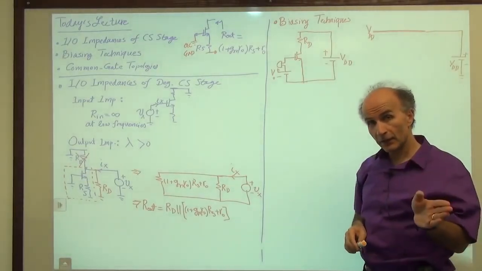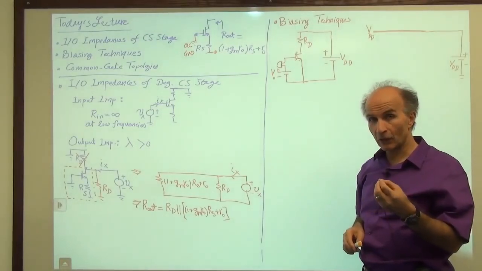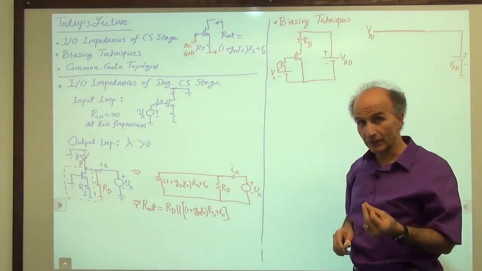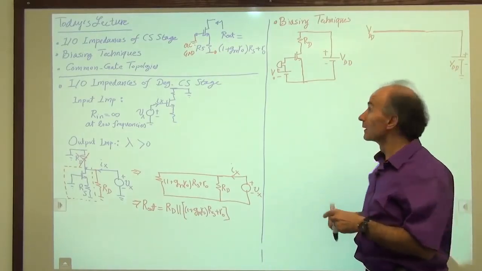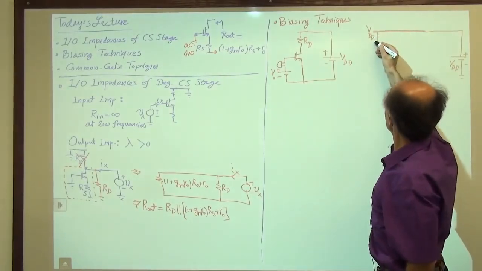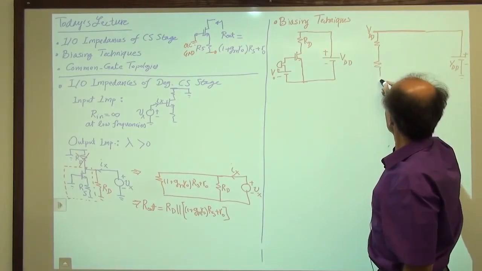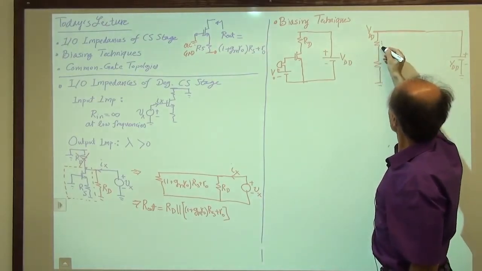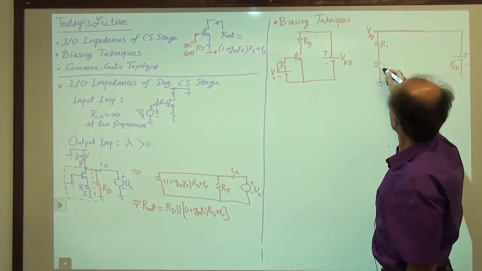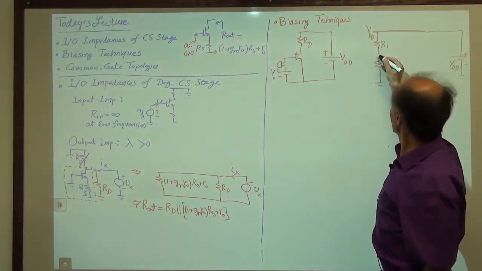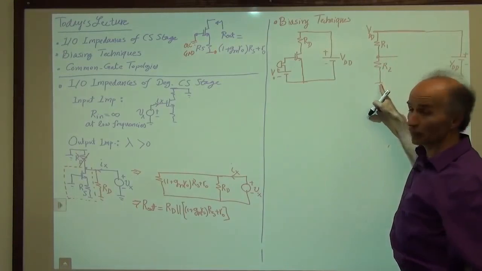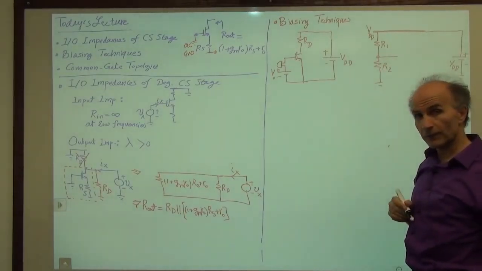Well, from basic circuit theory, you remember that we had something called a resistive divider. And that does that. It takes 2 volts and gives you 0.8 volts. So I will take a resistive divider from the battery voltage, call this R1 and R2, and choose these values so that the voltage at this point with respect to ground is 0.8 volts.